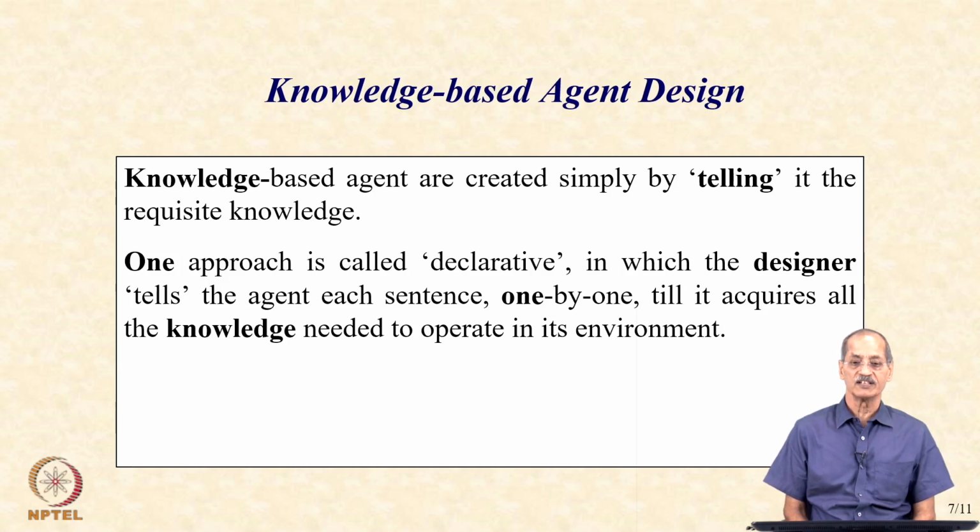It is the designer's job to generate all the knowledge from exploration, other sources, and other learning mechanisms, create those sentences, and store them one by one in the knowledge base until all the knowledge necessary to operate in its environment is input, and that is where the agent is complete.